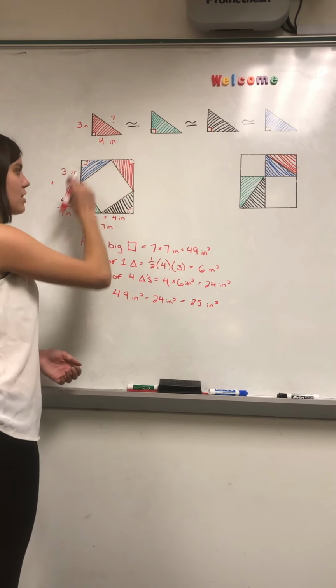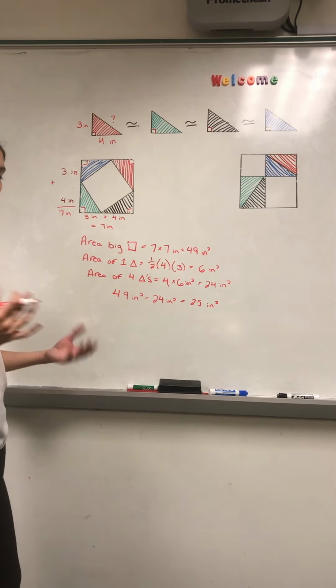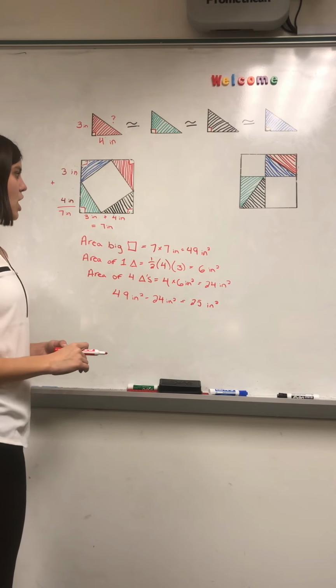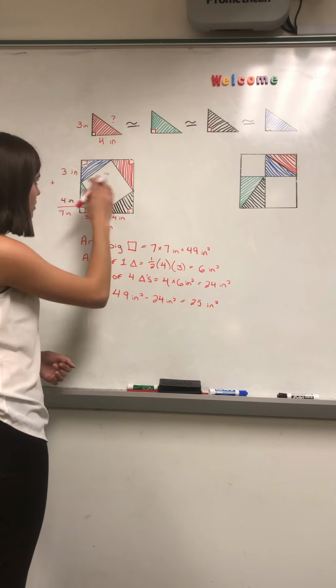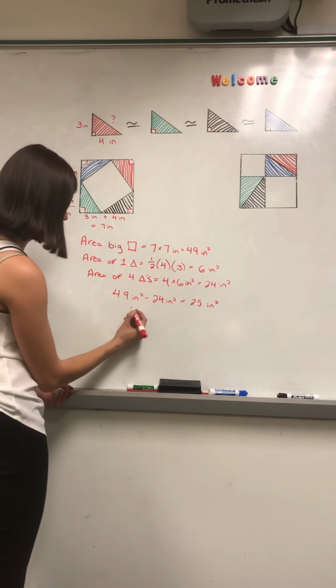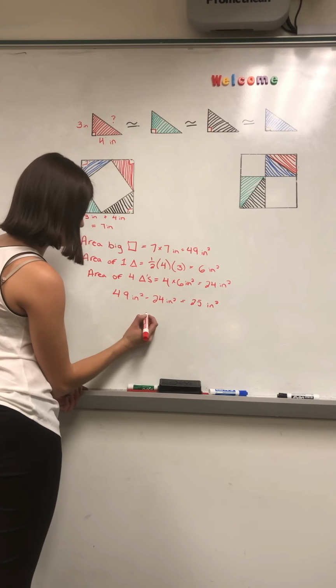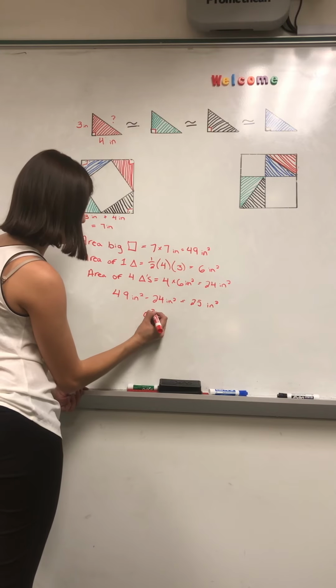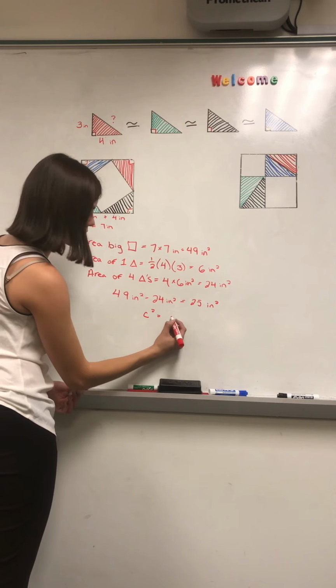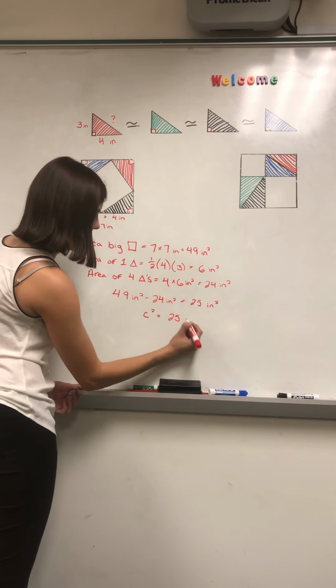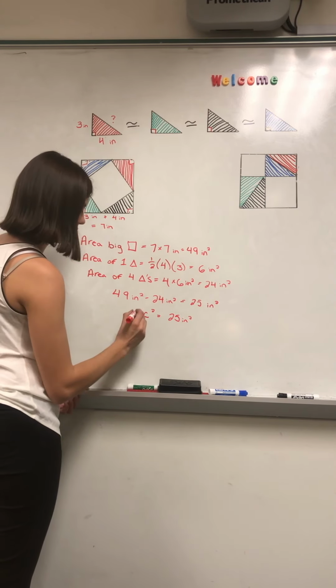So we have officially found this whole area, but now I'm wondering what the side lengths are. So I'm going to go ahead and square root this because we can see it's a square here. So let's label this c squared, which is this whole area, 25 inches squared.